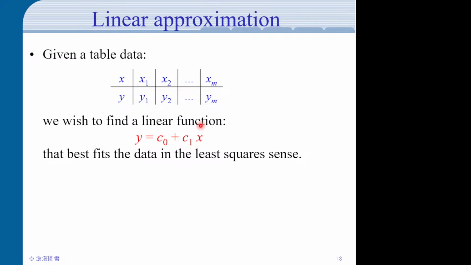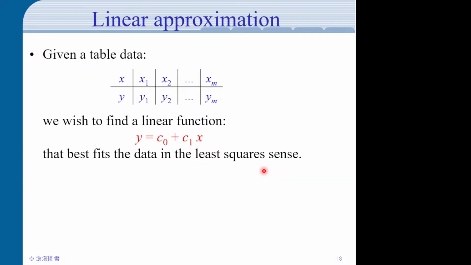We have n data points, (x1, y1), (x2, y2) to (xn, yn), and we want to say x, y are linearly related, so y equal to some c0 + c1x, and we want to find the best fit in the least squares sense.